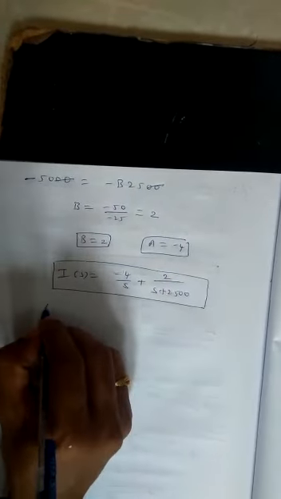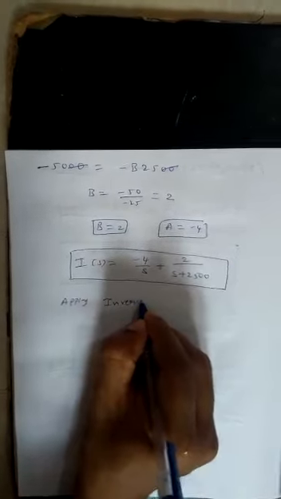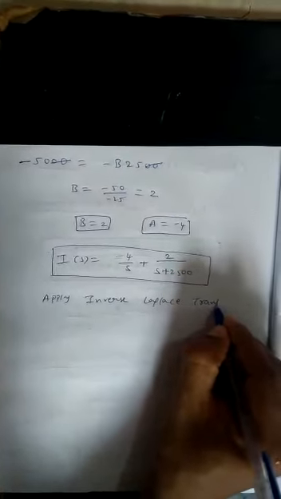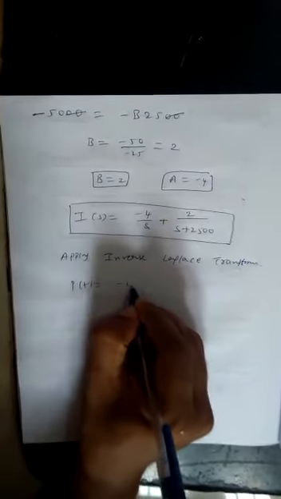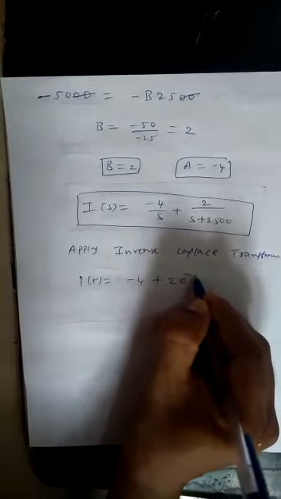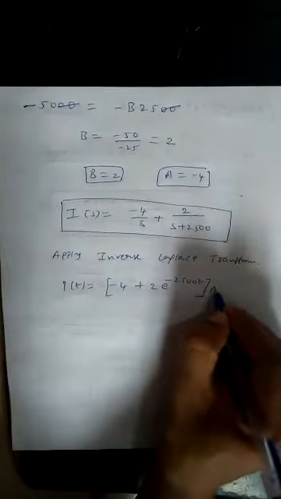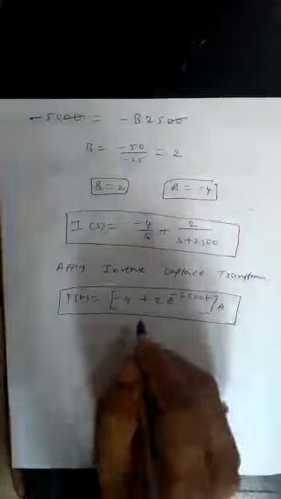After taking the inverse Laplace transform, i of t equal to minus 4 plus 2 e power. You can cross check whether your answer is correct or wrong, which is simple.